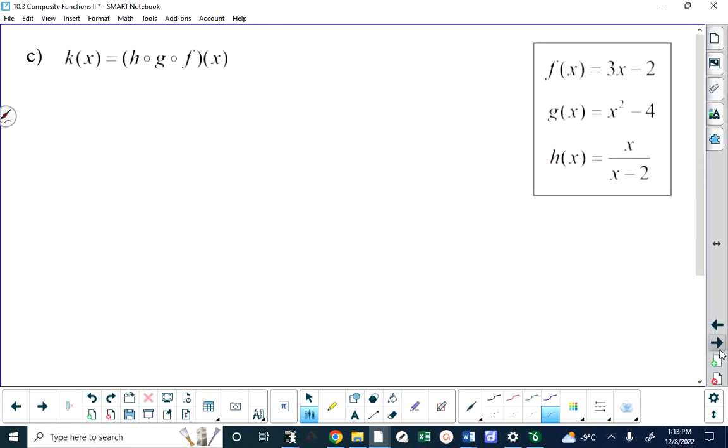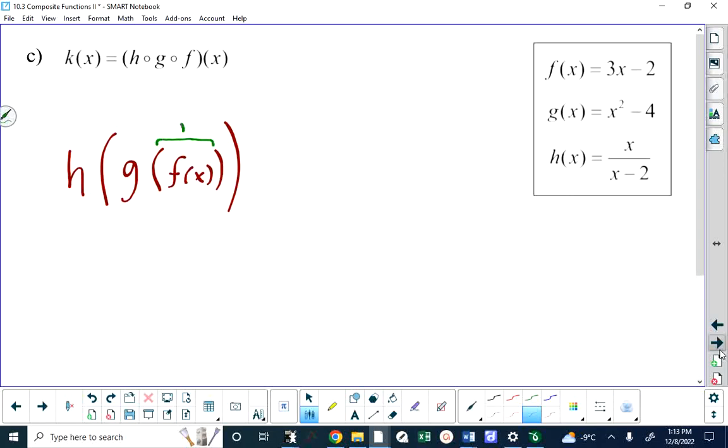Okay. Whew. h of g of f of x. So what does this mean? It means that f of x goes into g, and the result goes into h.